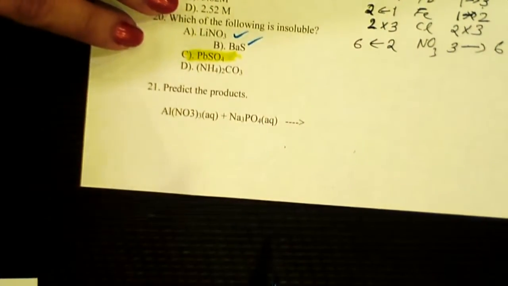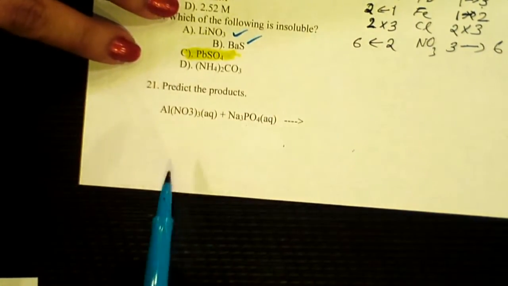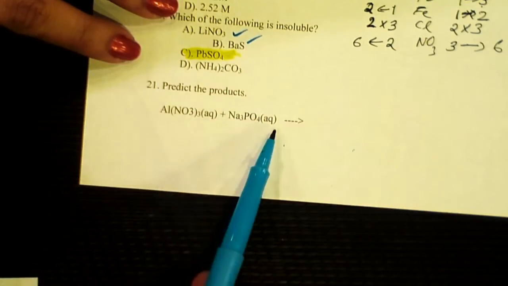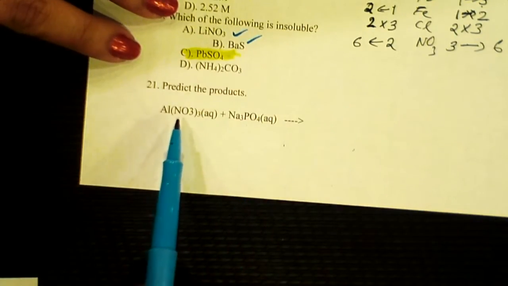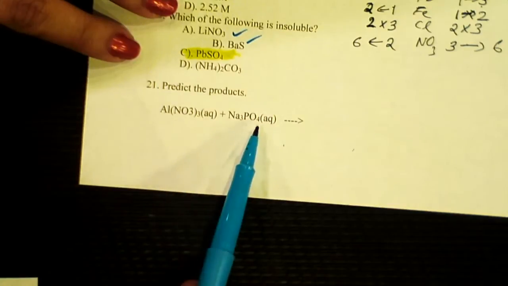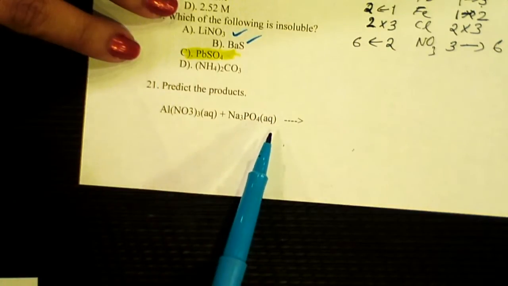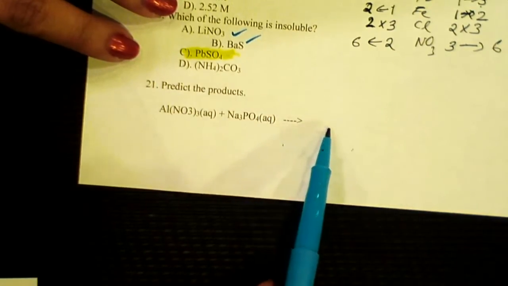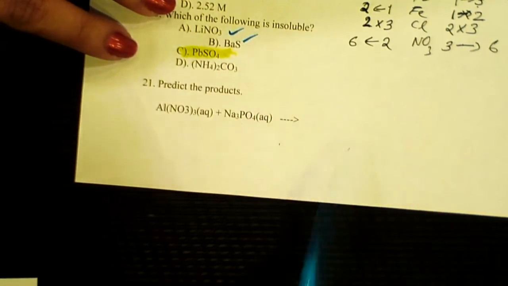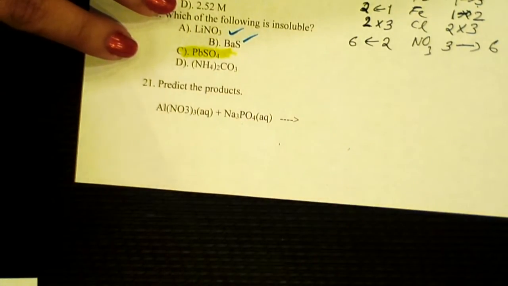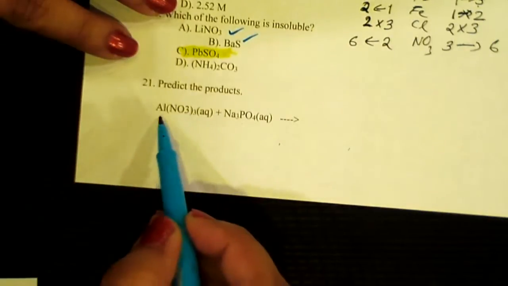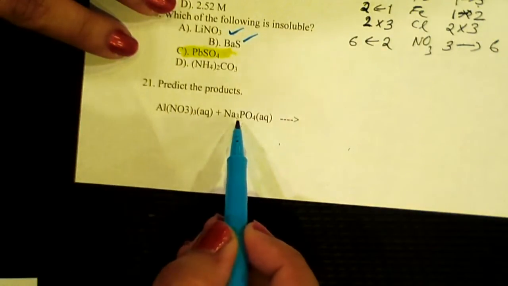So the insoluble compound is going to be PbSO4. And then (NH4)2CO3. If you have the ammonium ion, that is soluble, there are no exceptions. Okay.